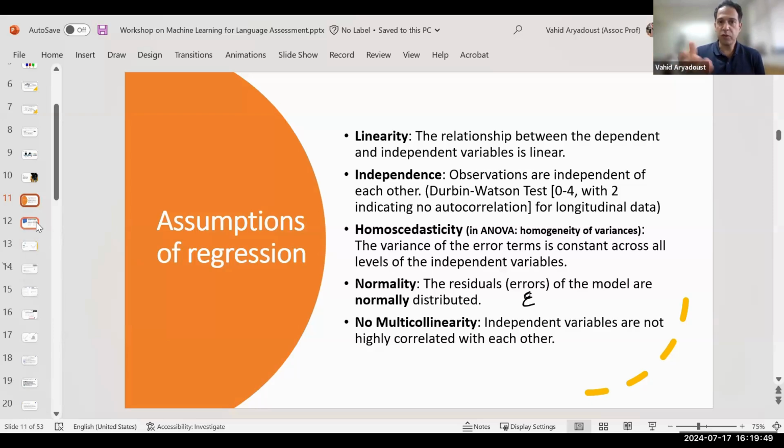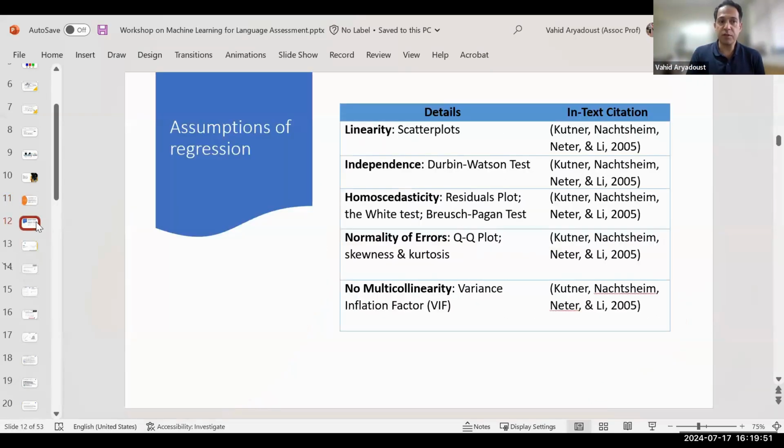All right, so how do we do these things? And please get ready for doing some hands-on. Number one, we do a linearity check by looking at some scatter plots. Independence, of course, doesn't apply to our workshop today, but if we had longitudinal data, you would use Durbin-Watson tests.